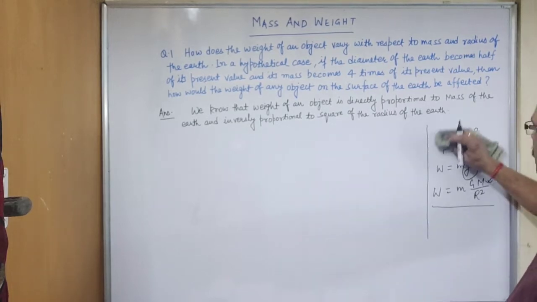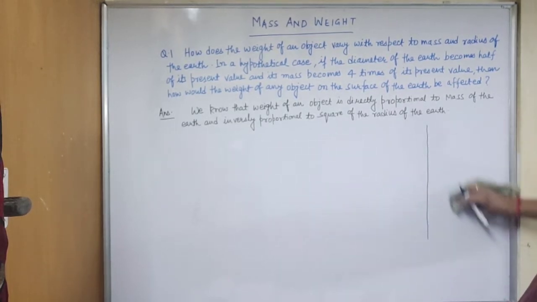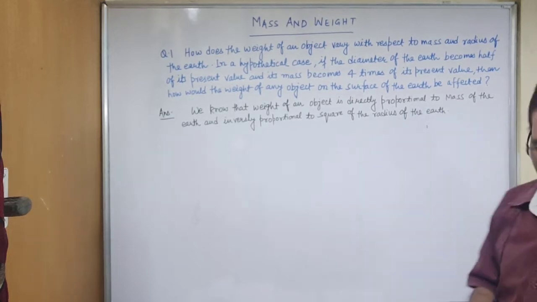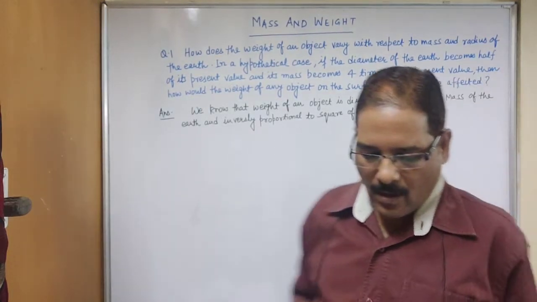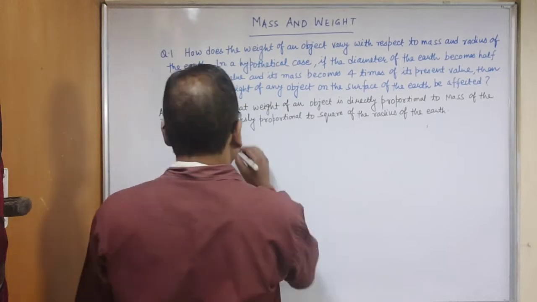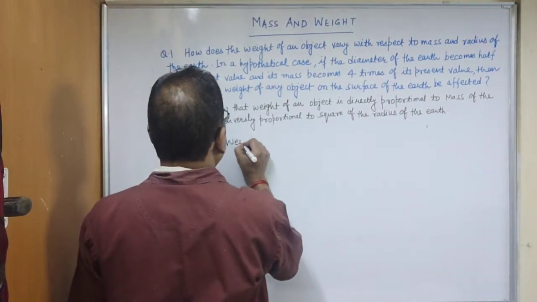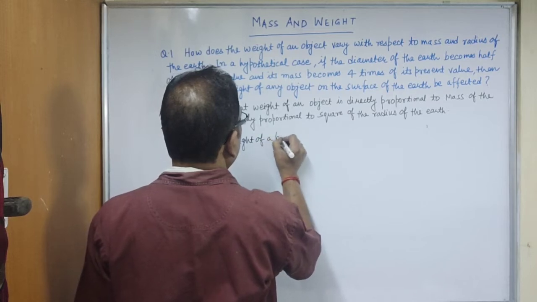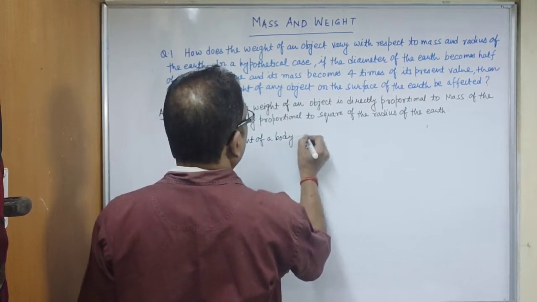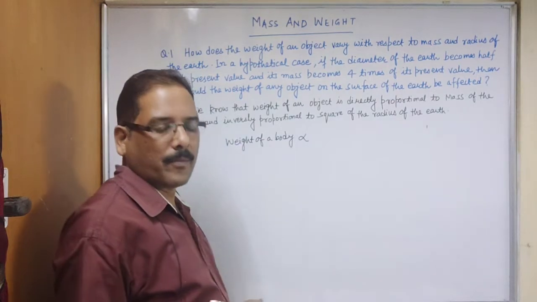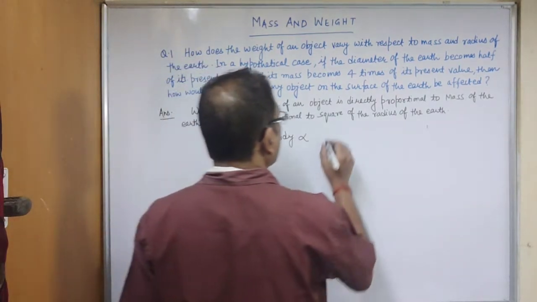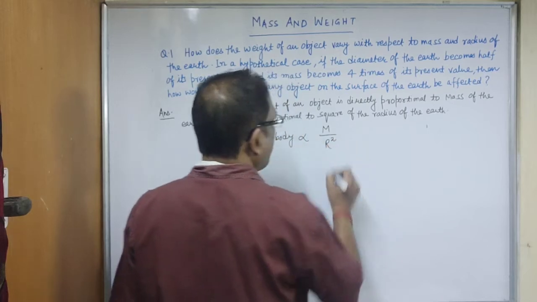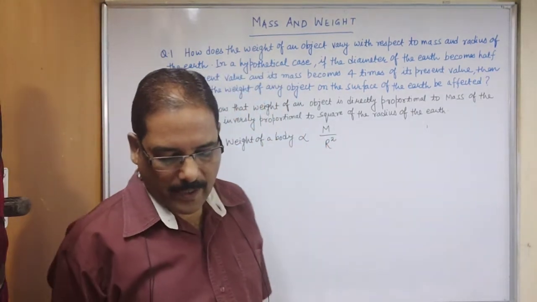So we can write weight of a body is proportional to M by R square.